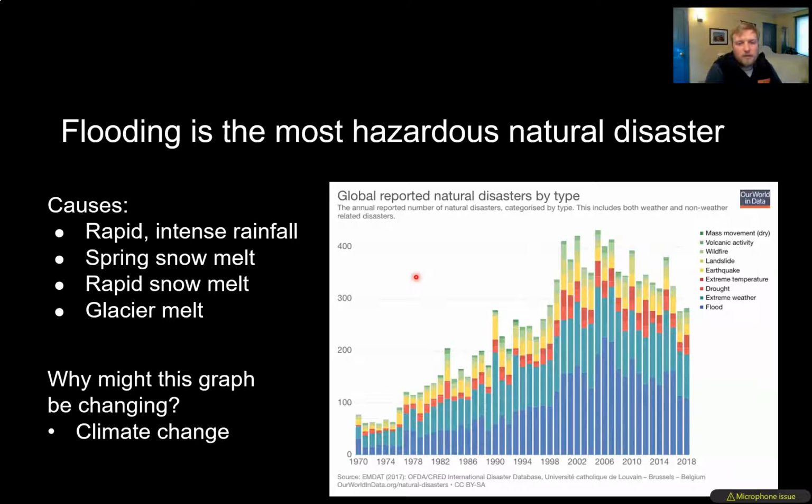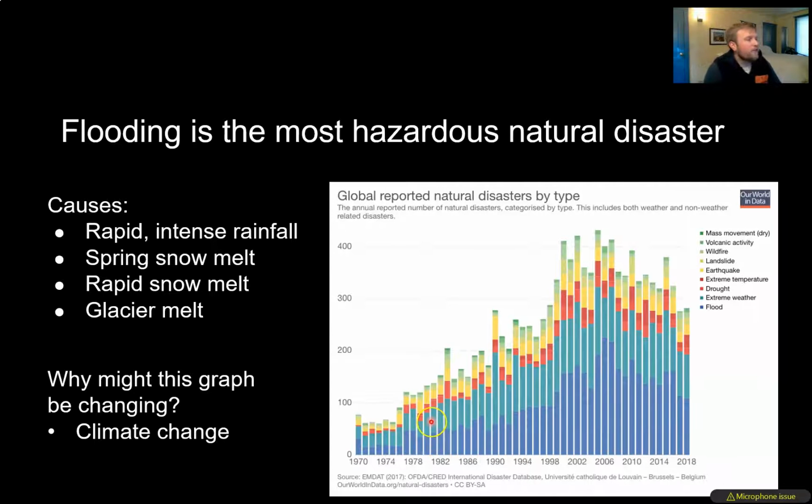But during the summer, when they ablate or melt more, they can increase the amount of water flowing downstream. And as we continually raise the temperature of the planet and threaten mountain glaciers, it's causing more flooding from glacier melt.